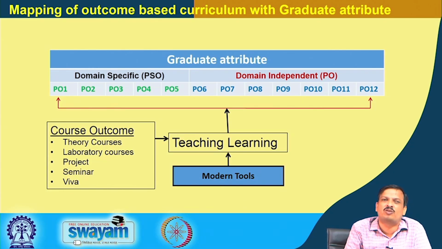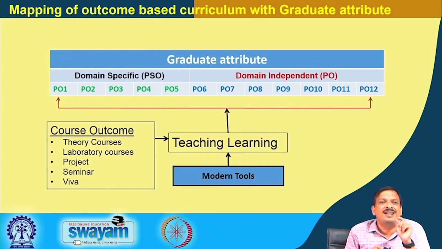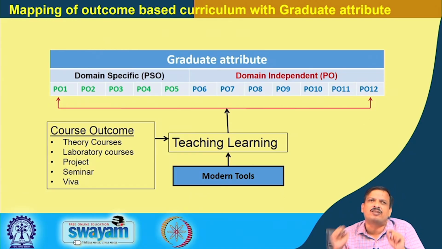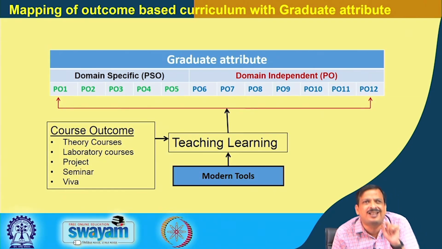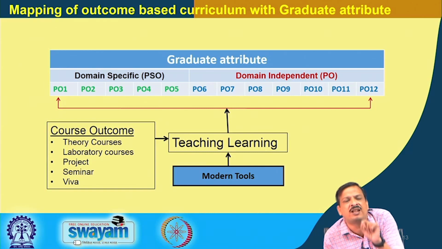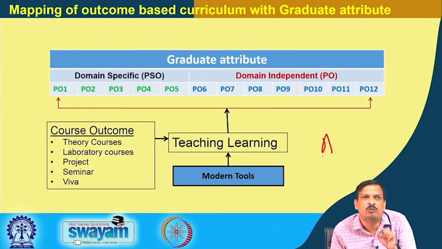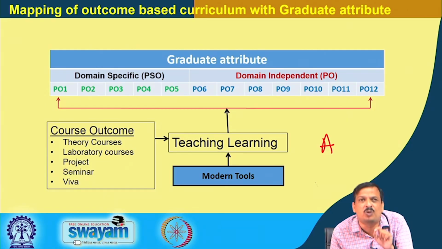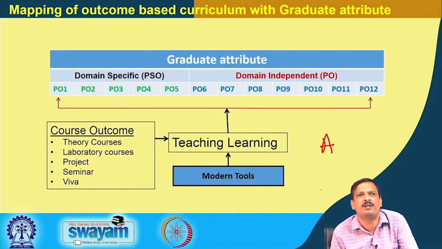Then another dimension also there. Suppose Institute A has an electronics department, Institute B also has an electronics department. Institute A electronics department is producing graduates who are very much efficient in embedded systems, because Institute A has a setup which is capable of producing graduates who are much more masters of embedded systems.